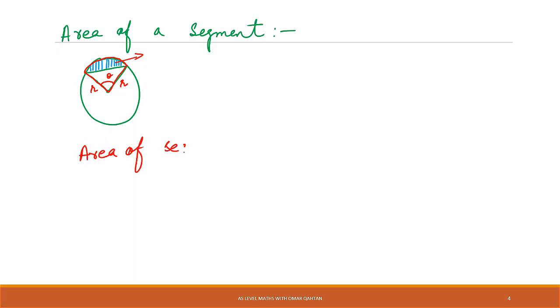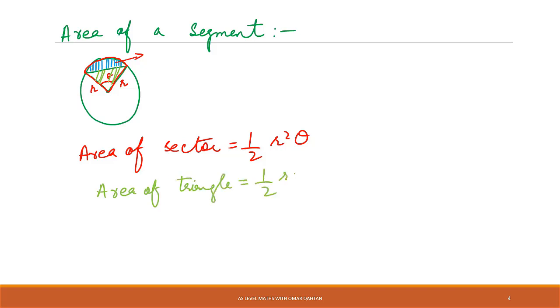Area of sector is, we have already learned it, that is half r squared theta. And we need another thing over here, that is this triangle. The area of this triangle would be half r squared sine of theta.